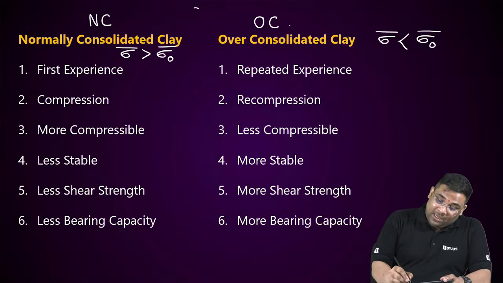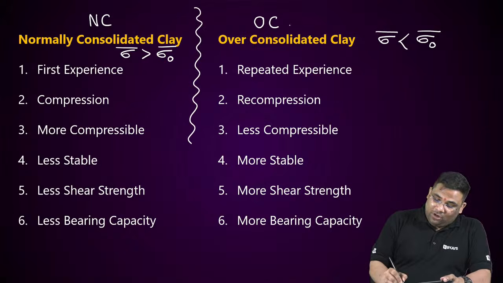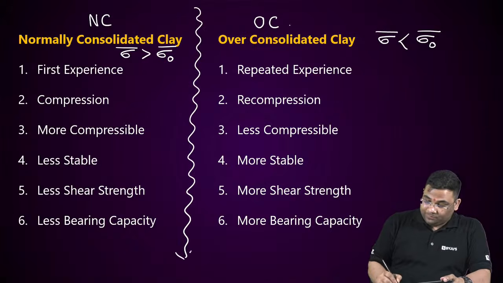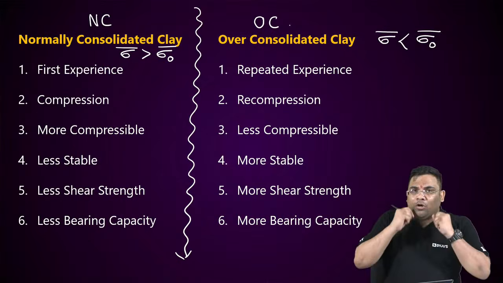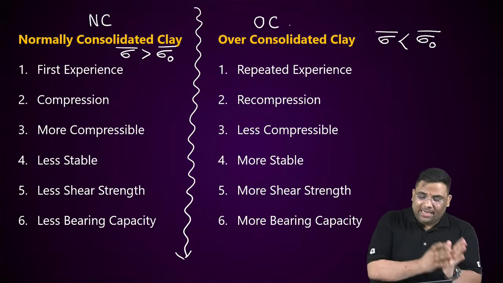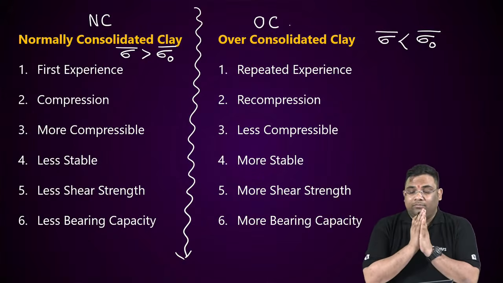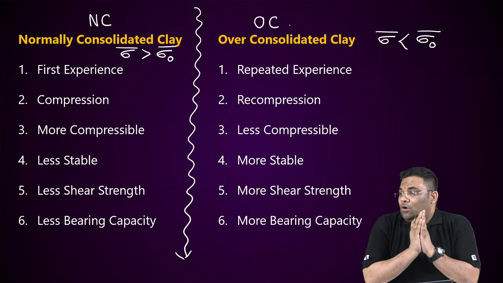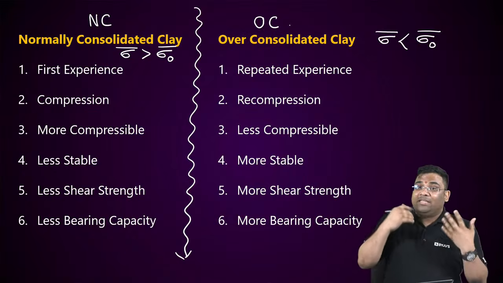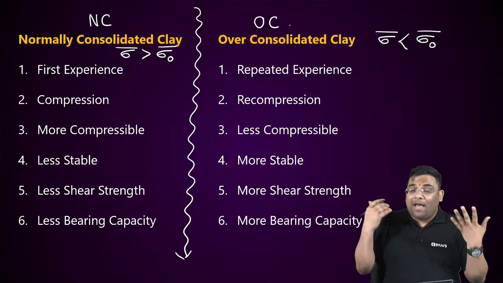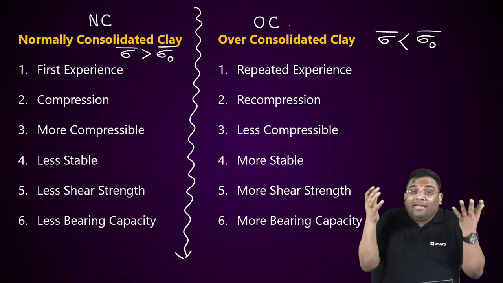Now, if they ask you in the examination, can you clearly write true and false statements or objective questions on NC clay and OC clay? Yes or no. Will you be able to answer which has more bearing capacity, more stability, more shear strength, less compressibility?